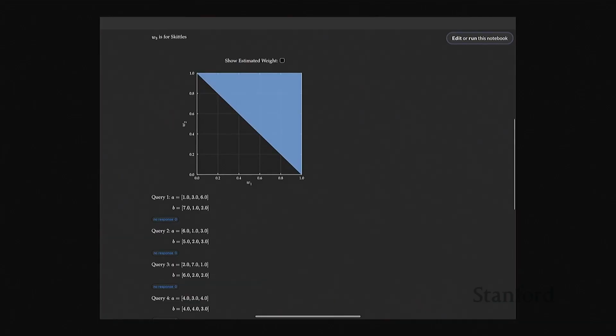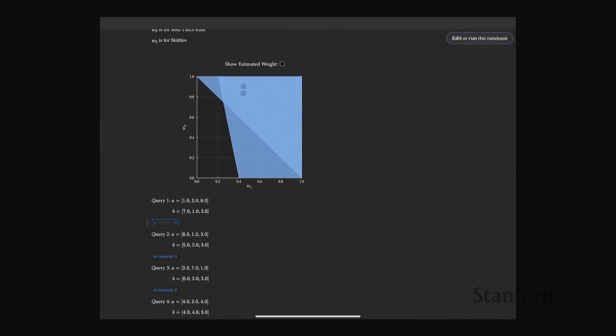So let's go back here. I just programmed this to do that for us. If you remember, we had 5W1 plus W2 less than 2. If you think about it for a second, that's exactly this line. This line is 5W1 plus W2 is equal to 2. And on this side is everything that satisfies that inequality, and on this side is everything that doesn't.